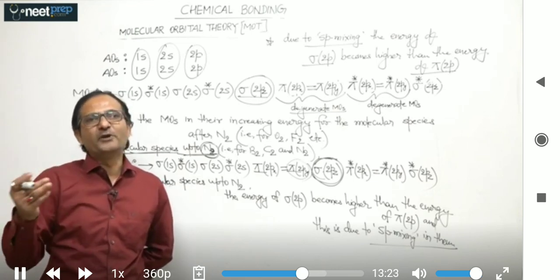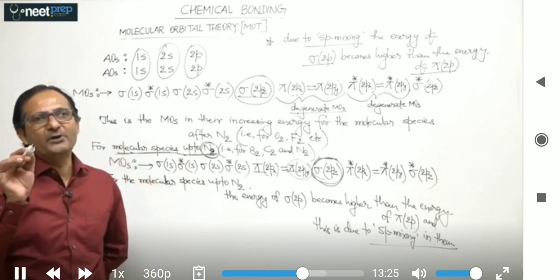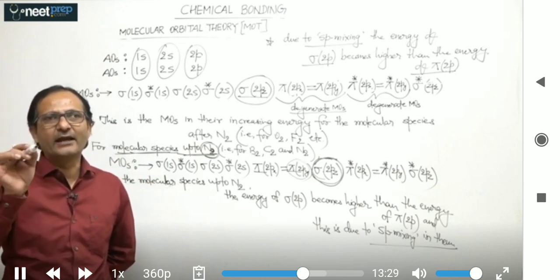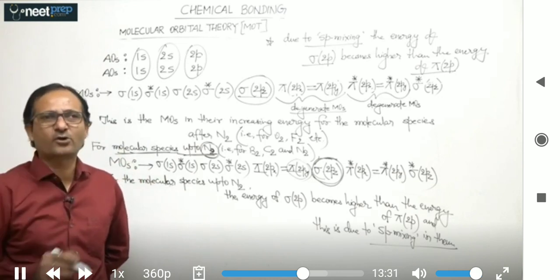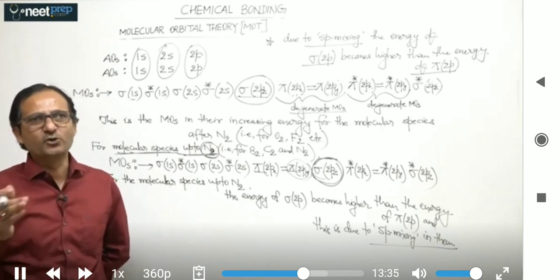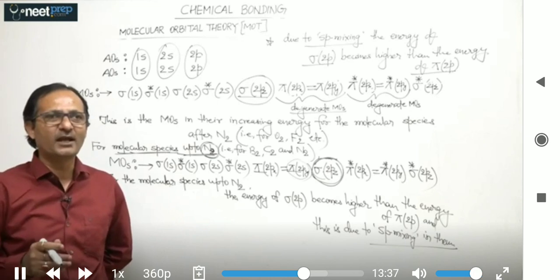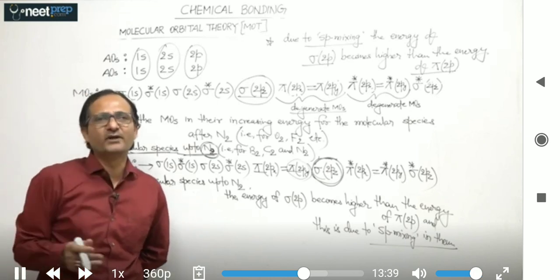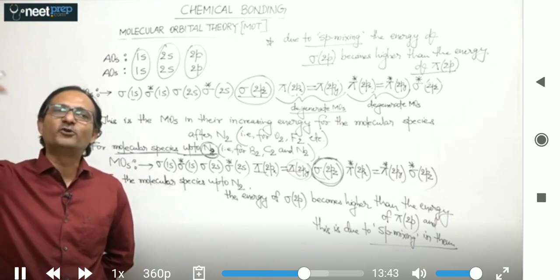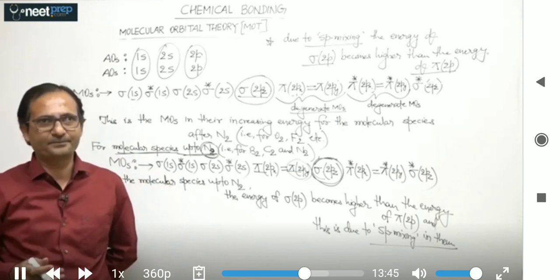That is, in 2p4 in O, one p orbital has 2 electrons, and if in an orbital there are 2 electrons, there will be mutual repulsion between them, and due to this mutual repulsion, the energy of 2p becomes higher.